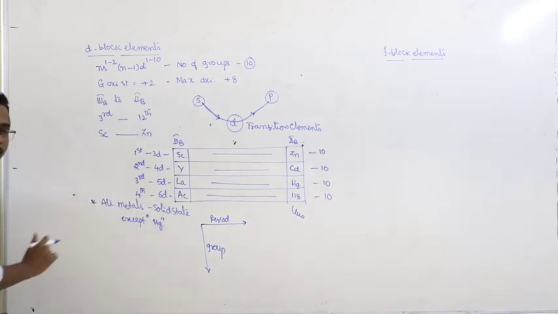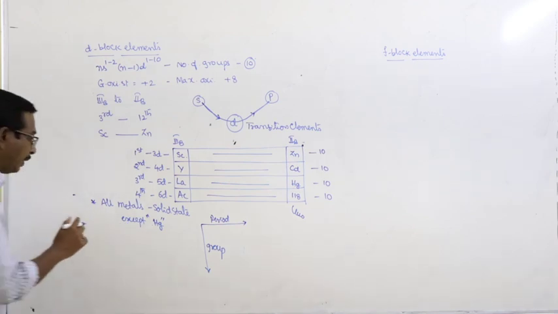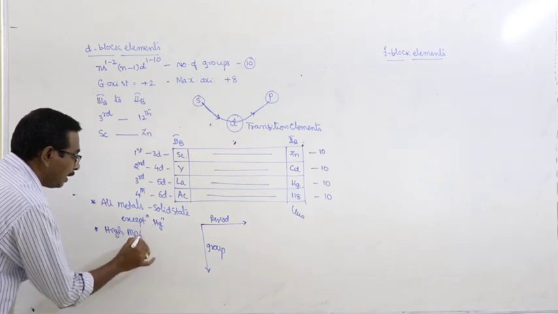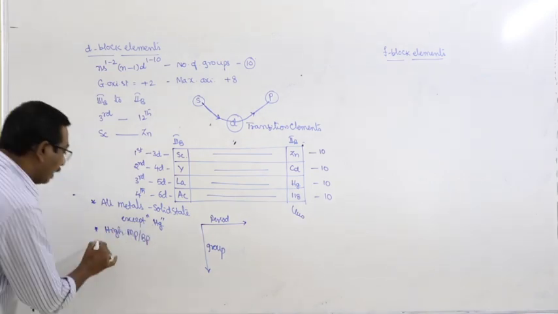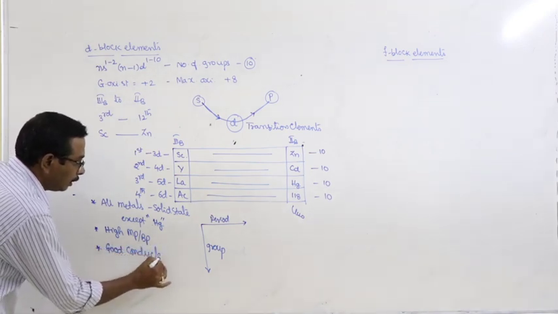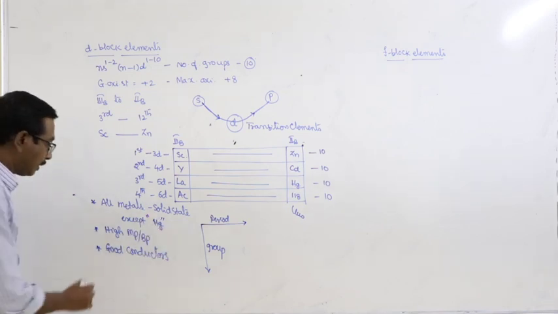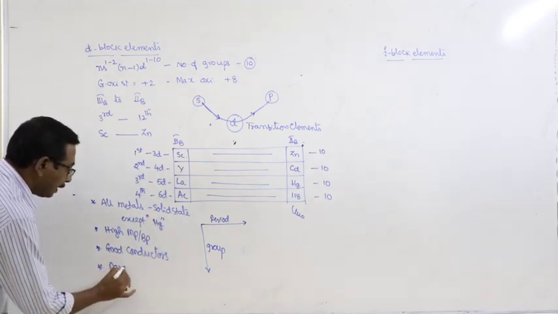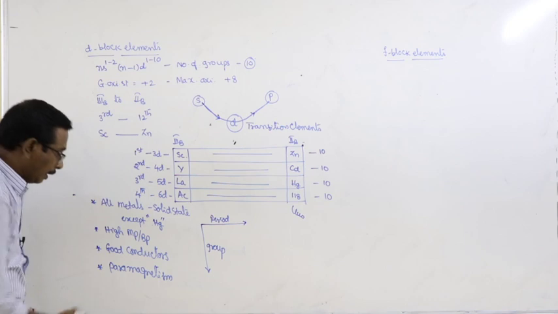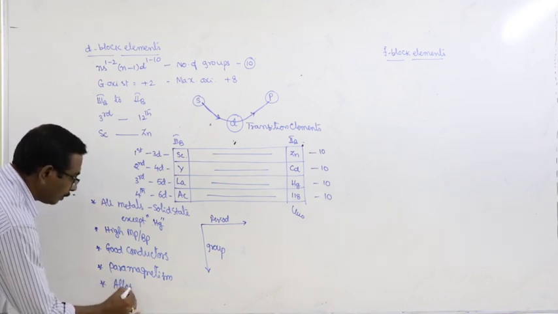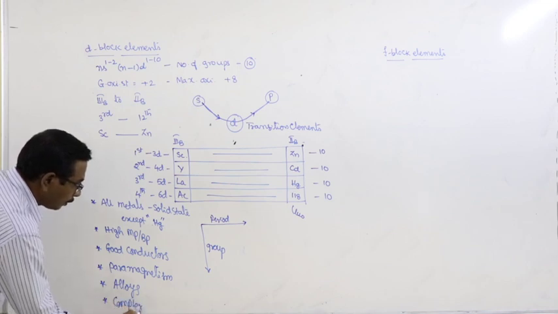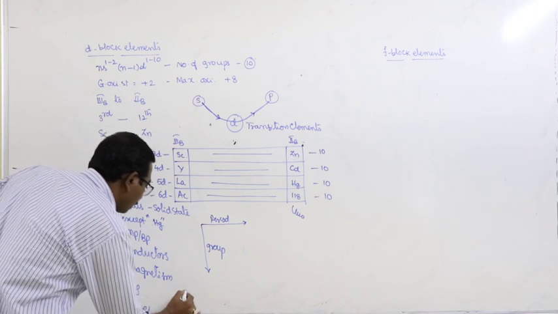They have high melting points and boiling points, and they are good conductors of heat and electricity. They exhibit paramagnetism, they form alloys, they form complexes, and they form colored ions.